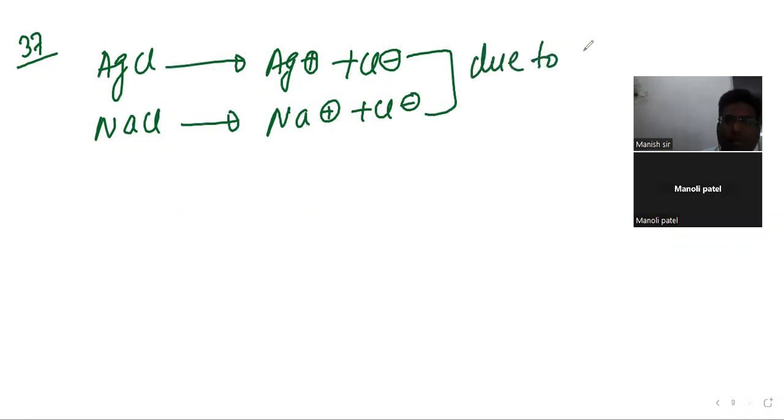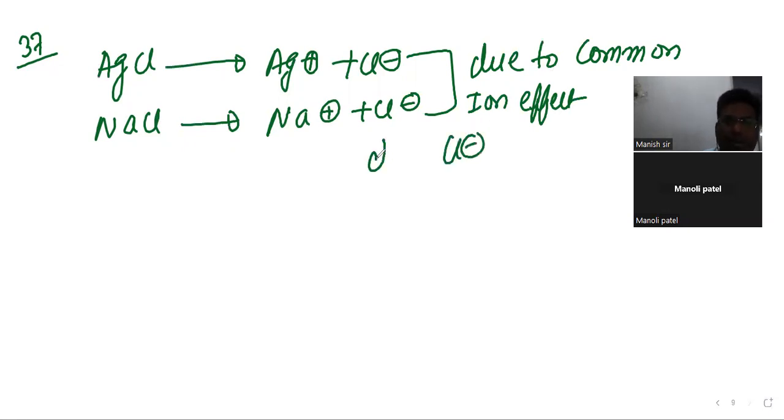So due to the common ion effect of Cl minus, the equilibrium of dissociation of AgCl shifts in the backward direction. So due to the more Cl minus ions, the equilibrium will be shifted towards the left side, right?